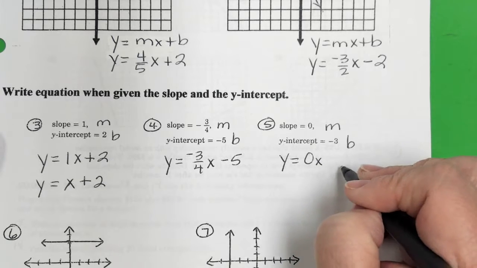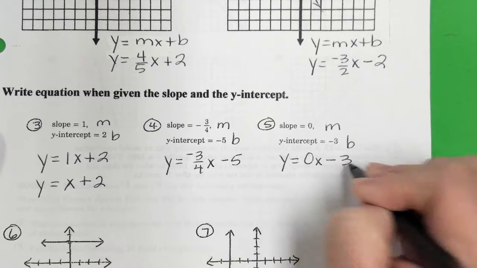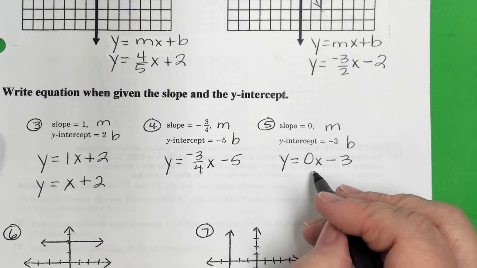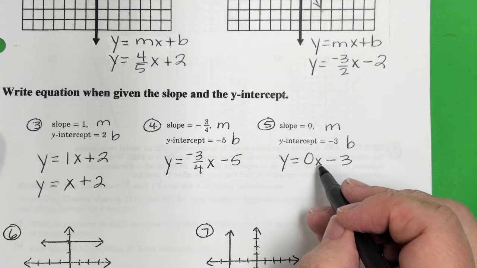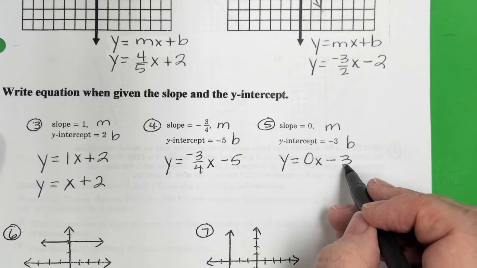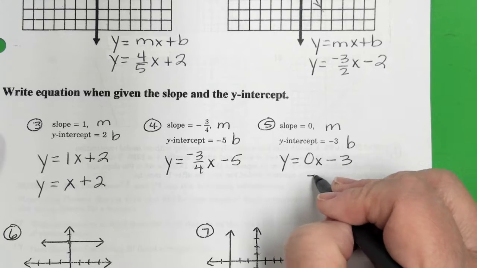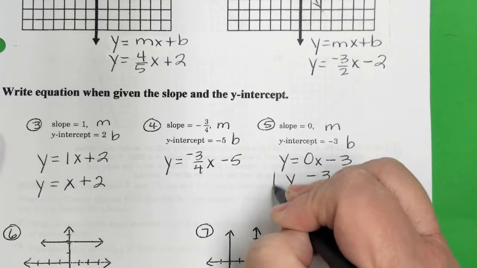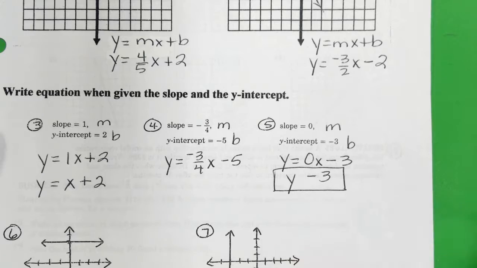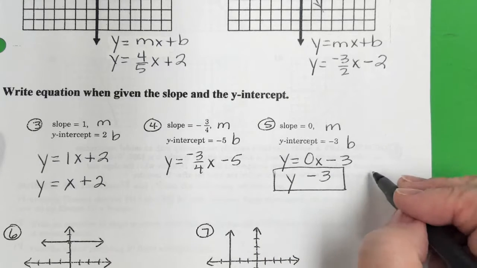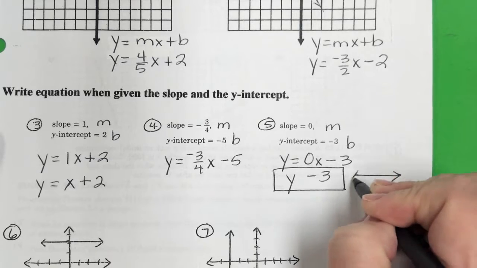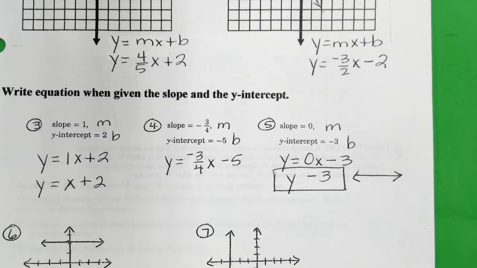And our y-intercept is -3. Now we can simplify this equation because 0 times x is 0, and 0 minus 3 is -3. And there's our equation. When our slope is 0, remember that's going to be a horizontal line. So if that was graphed, that's what it would look like.